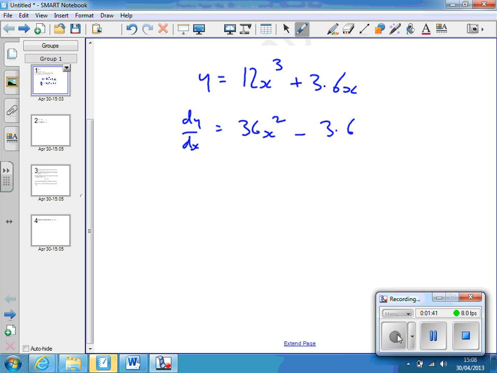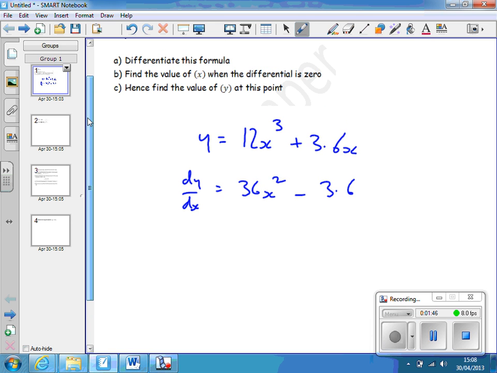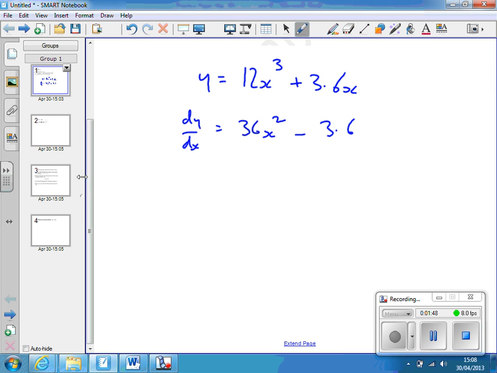So, part B says, find the value of x when the differential is 0. So dy by dx equals 0. Of course, if we plotted this thing, then this is some sort of quadratic, so we're going to expect an x squared, and as it's positive x squared, it's going to be some sort of curve like this.